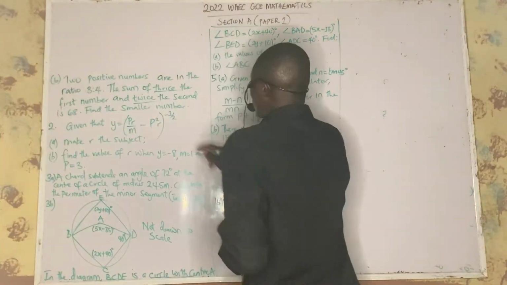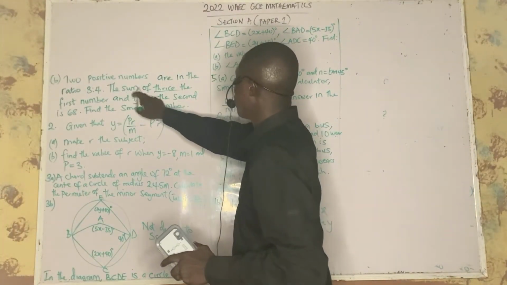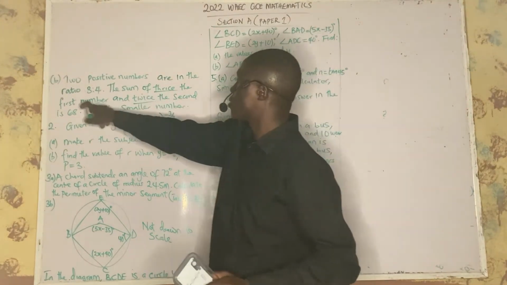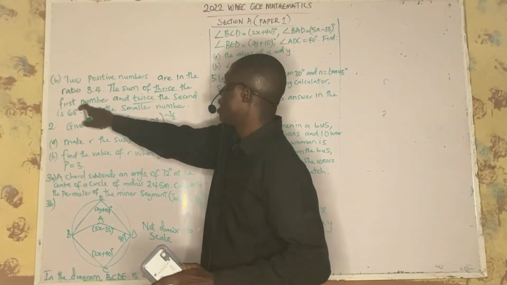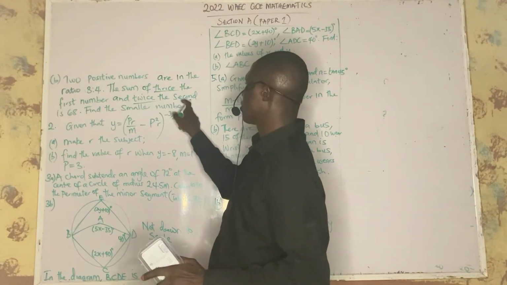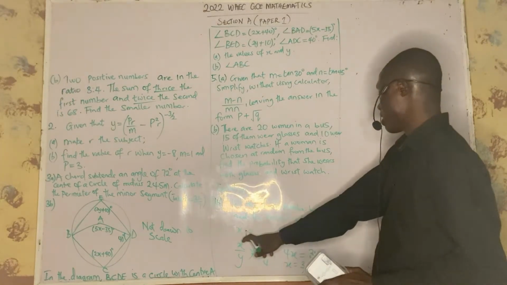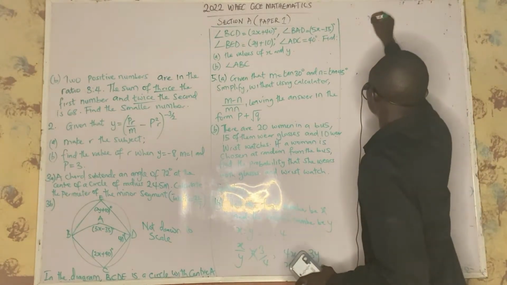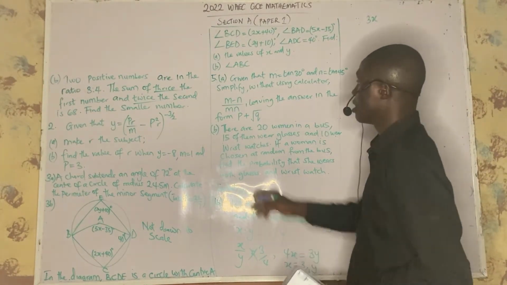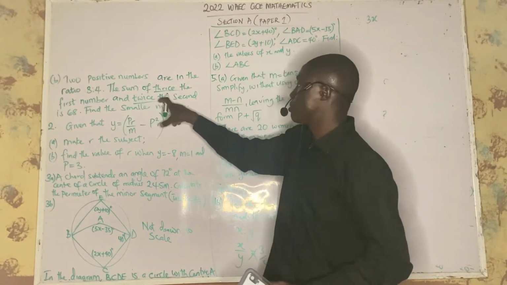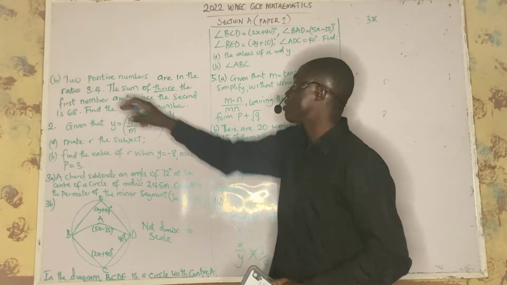Now we look at the second statement: the sum of 3 times the first number and 2 times the second number is 68. That is 3 times the first number, which is 3 times x, so 3x. The sum of 3x and 2 times y will be 68.